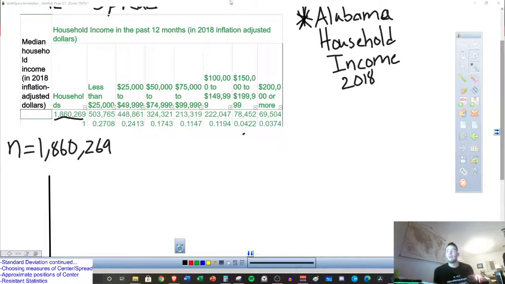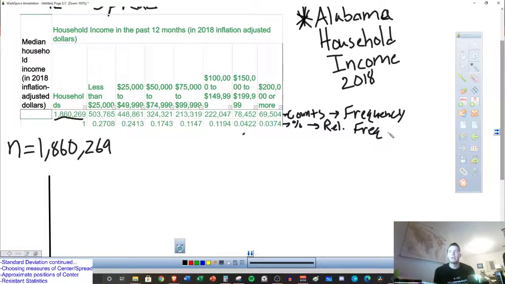So up here we have counts, and here we have percents. We always want to try to use percents. Counts have another word in stats, frequencies. And percents are relative frequencies. I want to keep using that lingo so that you don't see a problem and get confused about relative frequency. Know that it's percents.